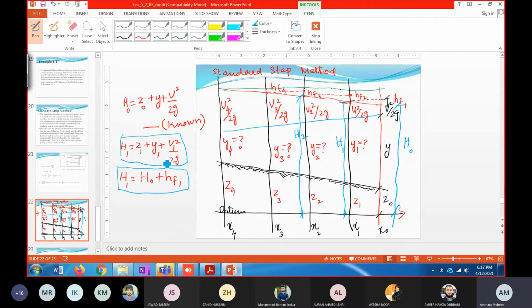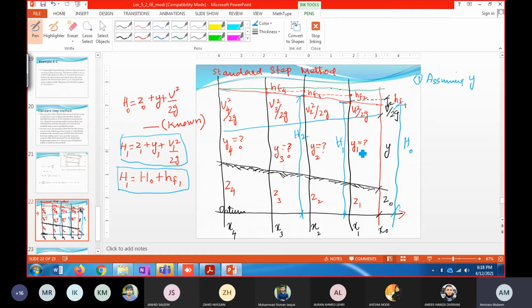So in this method, how can we use these two equations to get the energy at the same section? The first step is to assume some value of y. Assuming y, this is the first step.